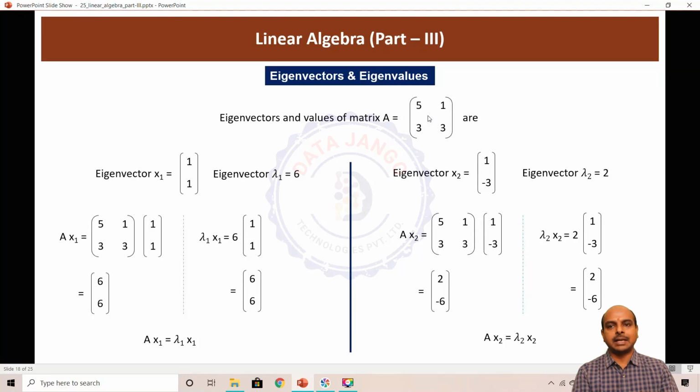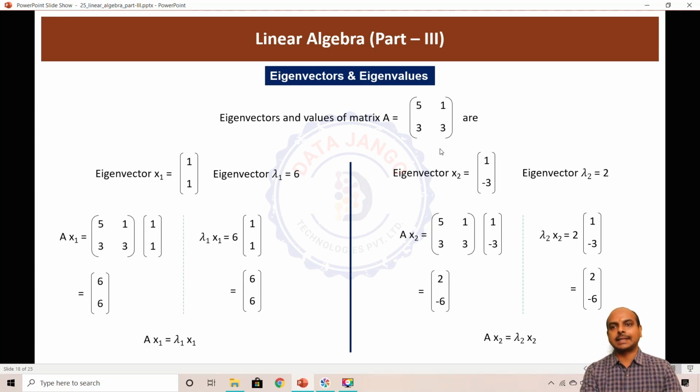I have taken a simple 2 by 2 matrix. If you understand what eigenvalues and eigenvectors are, that's enough. You need not be a PhD in eigenvalues and eigenvectors to learn machine learning and deep learning. So I have taken a two-dimensional matrix, 5, 1, 3, 3, and I decomposed this matrix into eigenvalues and eigenvectors. I have x1, 1, 1, a vector, and lambda 1, 6, a value, and x2, 1, minus 3, a vector, and lambda 2 equal to 2, an eigenvalue.